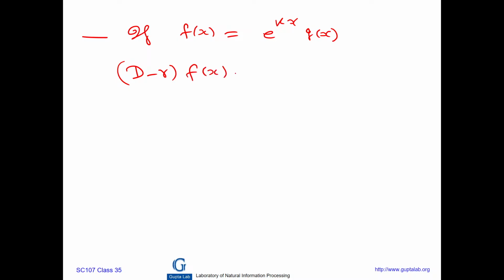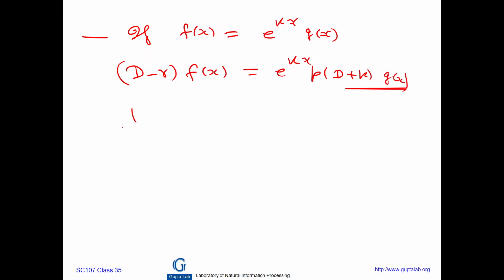One nice property I should tell you is known as the shift rule. If f of x is of the form e raised to power kx times g of x, then we have a shortcut. In that case, p of D applied to f of x is nothing but e raised to power kx times p of (D plus k) applied to g of x.